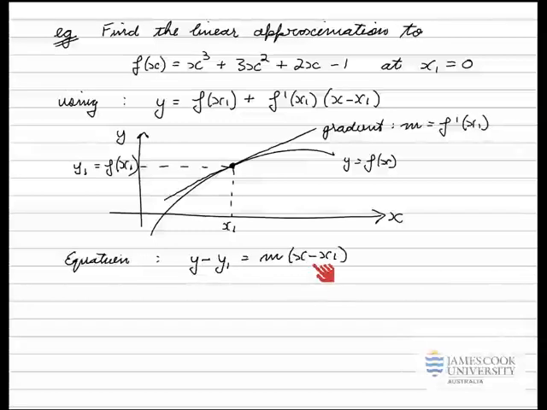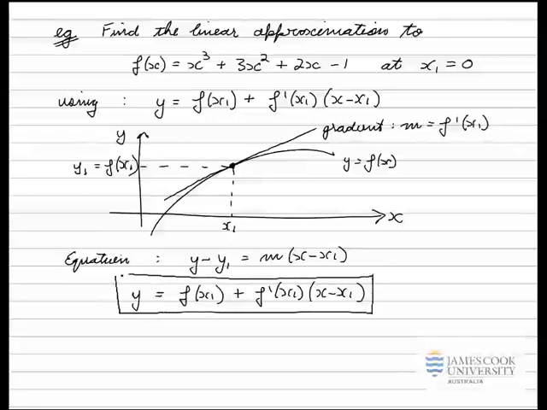If I rearrange that, substitute f dash of x1 for m, and substitute f of x1 for y1, take the negative y1 over to the other side of the equation, substitute these two quantities in, you will see that you get the same formula, y is equal to f of x1 plus f dash of x1 times x minus x1. So that is where the equation comes from. If you can remember the formula, you can go straight for that without the picture, but I think the picture gives you a good idea of what's going on.